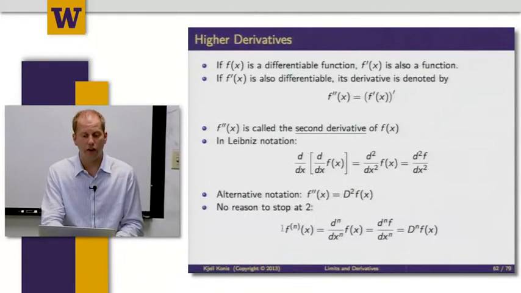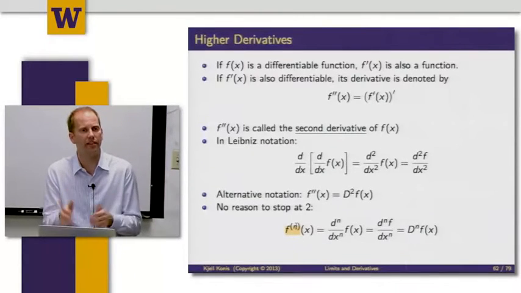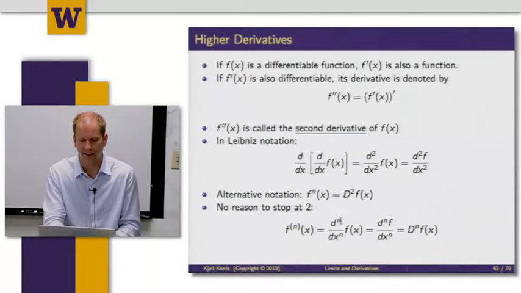And then there's no reason to stop at 2. You can have as many higher derivatives as you want. Some notation that seems to be pretty common is f to the n, with the n in parentheses, which just means the nth derivative of the function f of x.